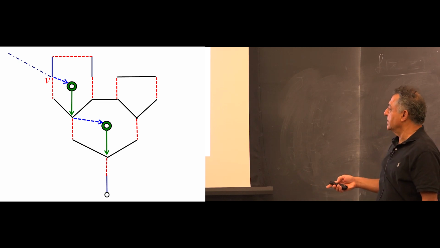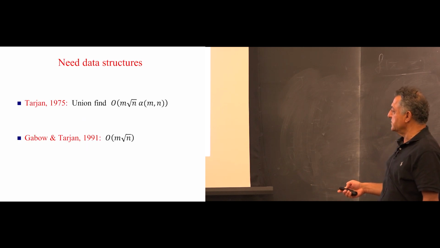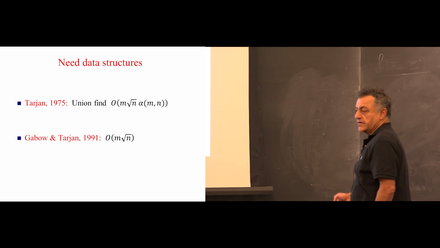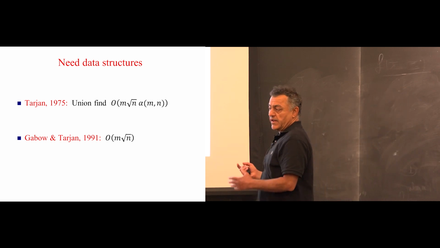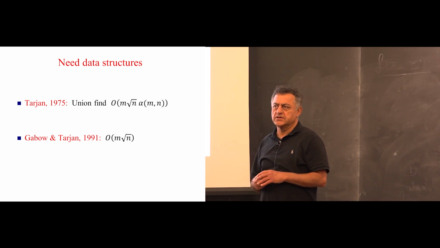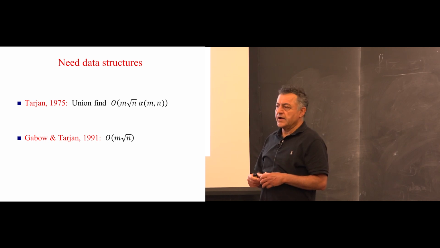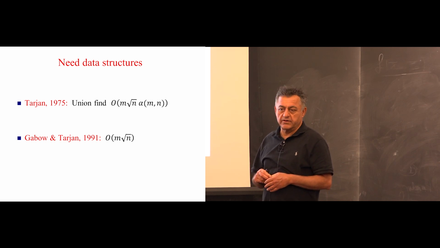So it turns out we need the union find data structure. And if you are on a pointer machine, it will add another alpha factor to the running time. Alpha is the inverse of the Ackermann function, which, for the number of atoms in this universe, might be at most 4 or some such thing. Something that grows very, very, very slowly.